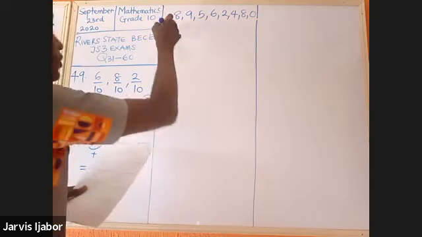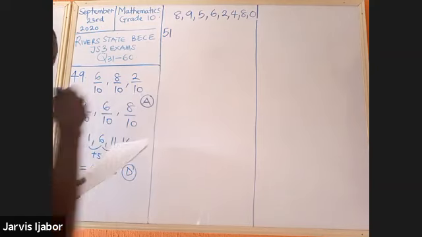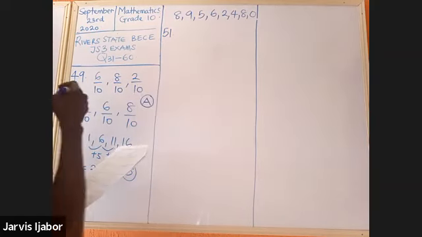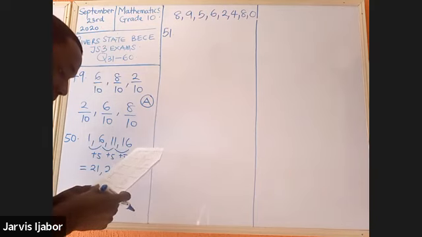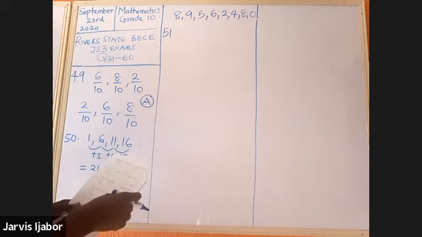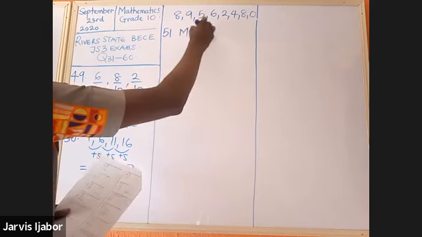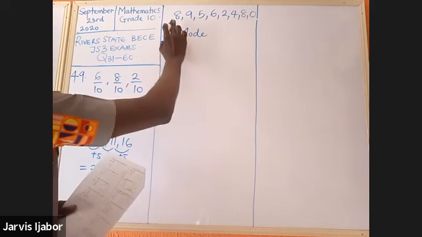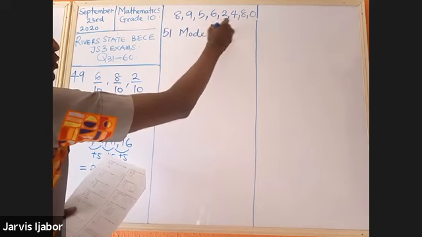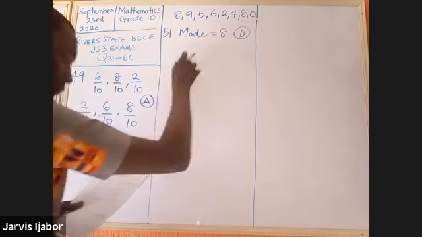Question 51 asks: what is the mode of the above numbers? The mode is the one that occurs the most. If you check this, 8 is occurring the most. So the mode will be 8, and that is D.